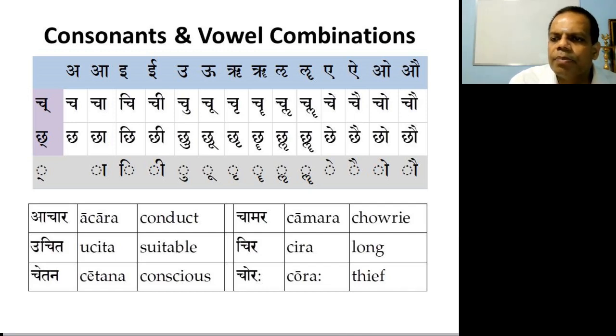The next word is Uchita. Uchita means something which is suitable, something which is proper, something which is good. There's a word which I think you may have come across, Samayochita. Samaya means time, and uchita means whatever is proper for that time.